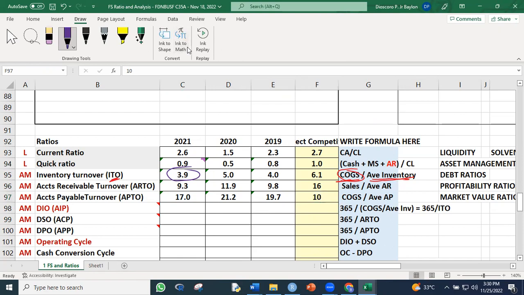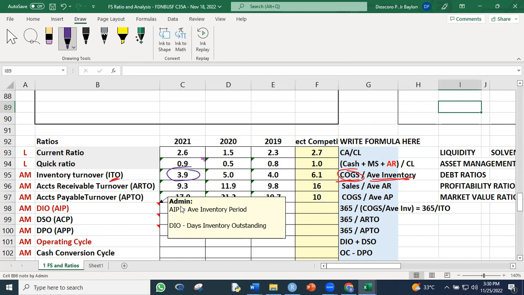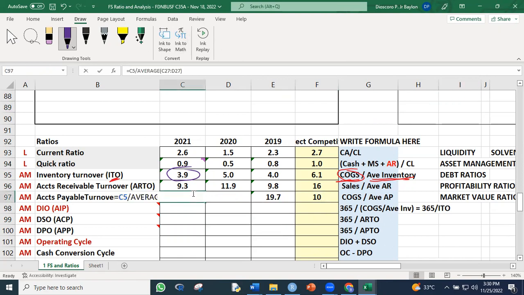Okay, repeat the formula. The formula for Apto is, so C5, this is your cost of goods sold divided by your average accounts payable. Okay, this is 17 times. Let me just flash this formula so that you can see what the average for 2019 is. 17, what does this mean?